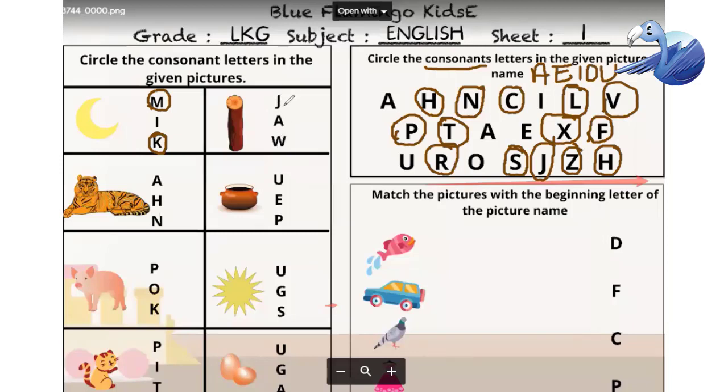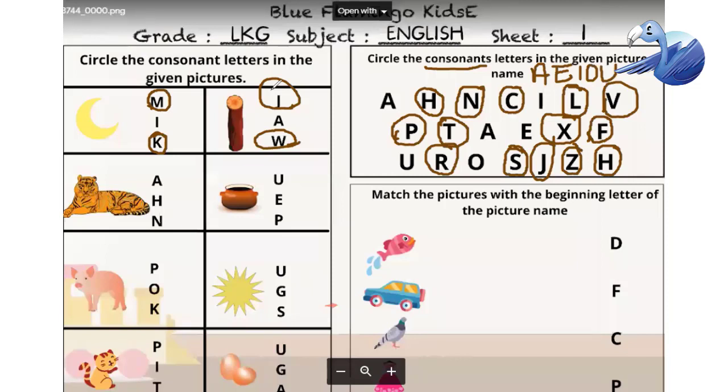So J and W. Very good. You just have to identify consonants in the picture and circle them.